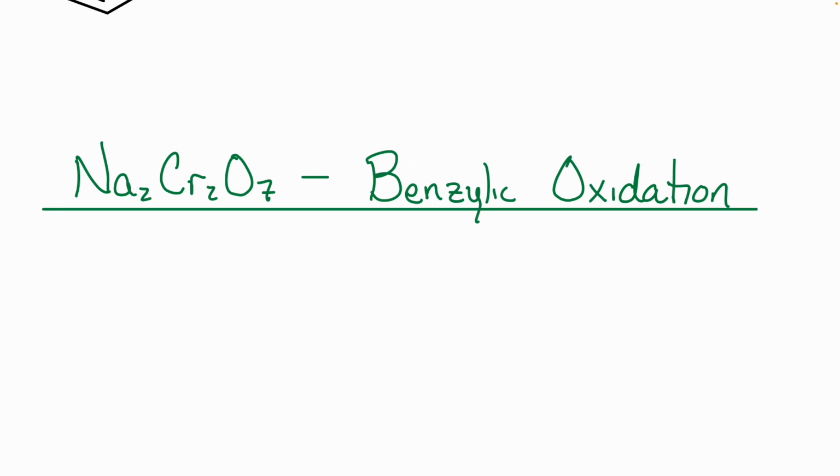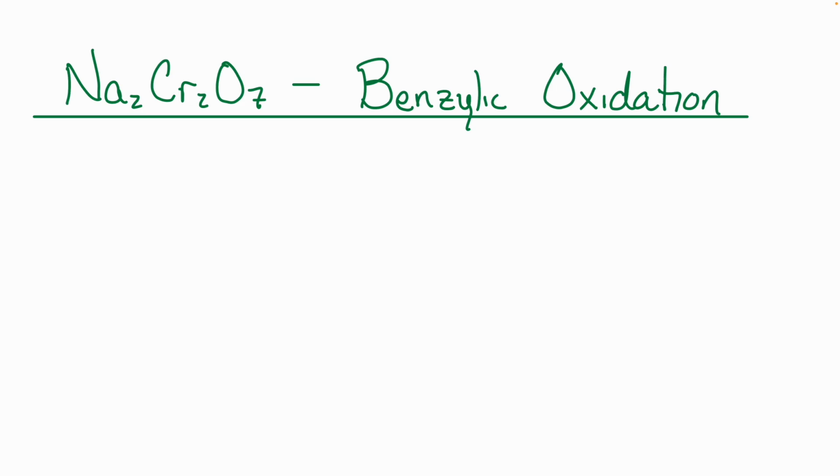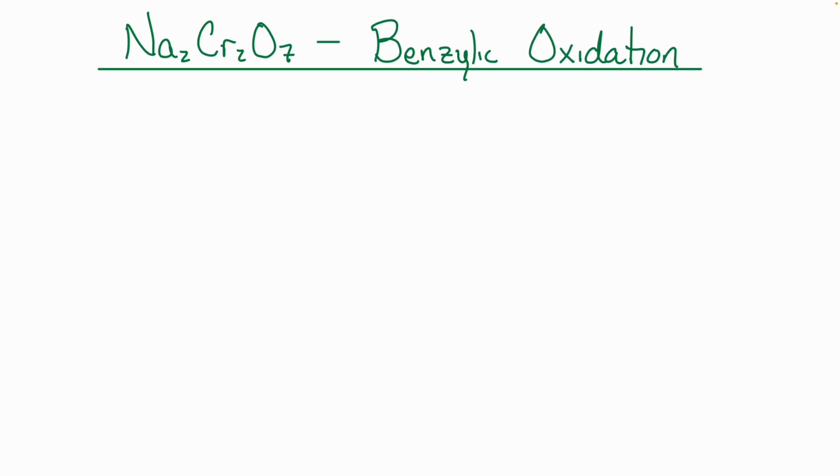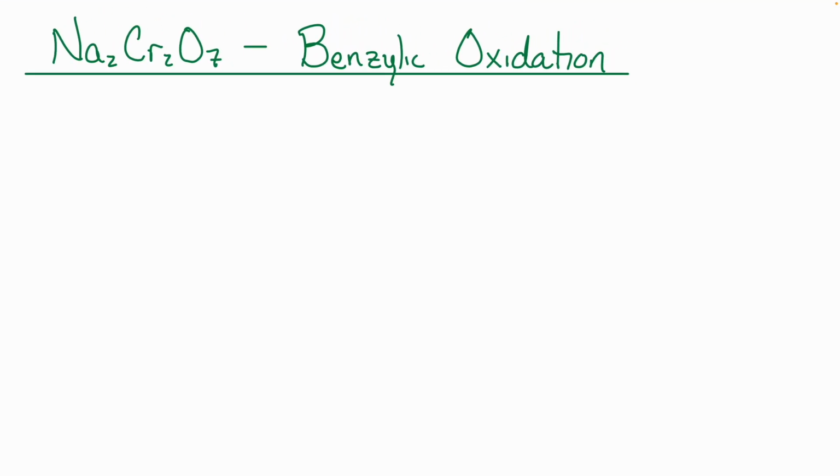Now truthfully, this is a little old school. Nowadays, they really try to avoid these chromium-based reagents because they're terrible for the environment, but a lot of textbooks still have them in there, and we're going to make our lives easier and just remember the one really common one we see all over the place, sodium dichromate. It's very commonly used in oxidation reactions.